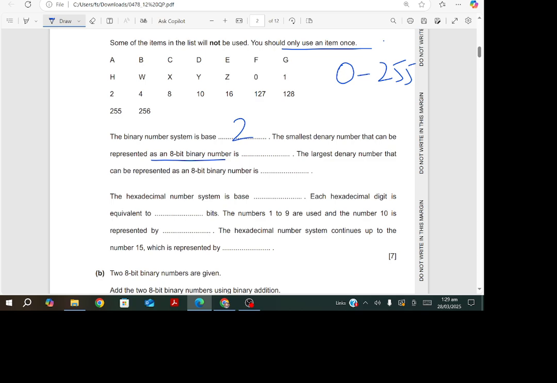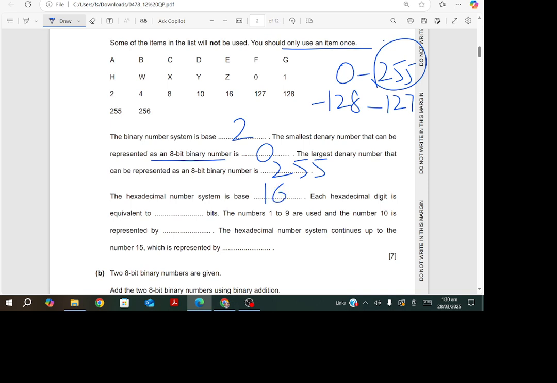If it was asking about binary 2's complement numbers, the smallest would be -128 and the largest would be 127. So the smallest denary number that can be represented as an 8-bit binary number is 0. The largest denary number that can be represented, as we have already discussed, is 255.